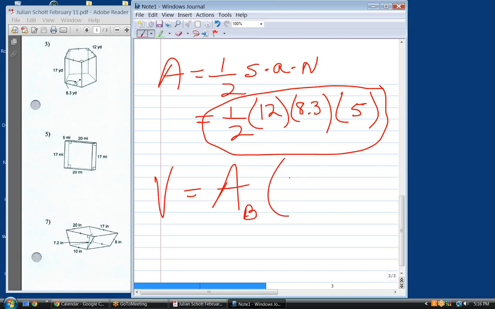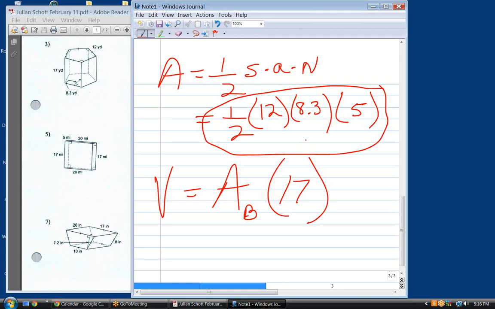What is it? 17. In other words, the thickness of this thing. This would be a prism, regardless of whether this 17 was 17 or 24 or 112. It would still be a prism. It would just be a thicker hat box or whatever this thing is.